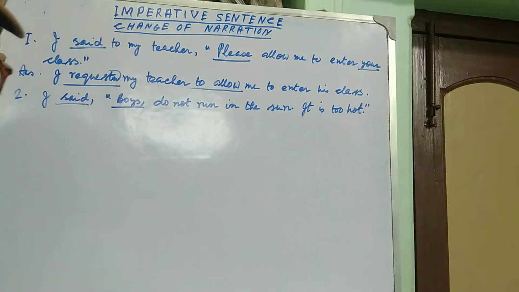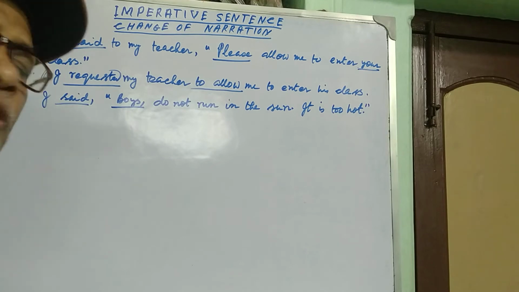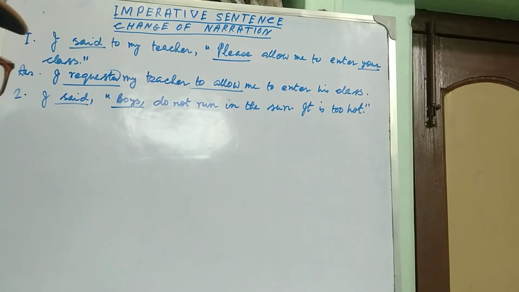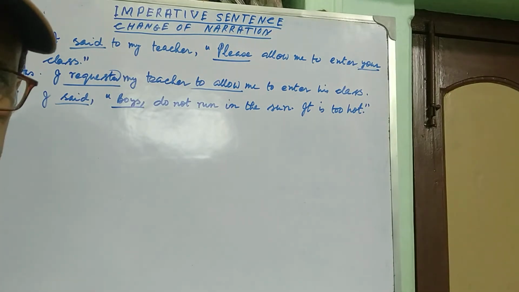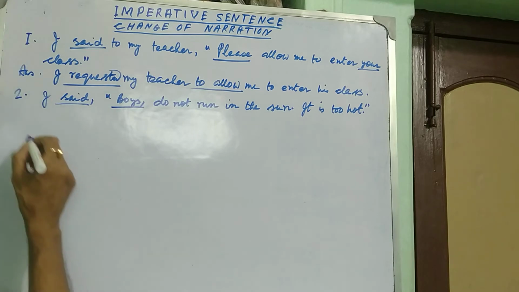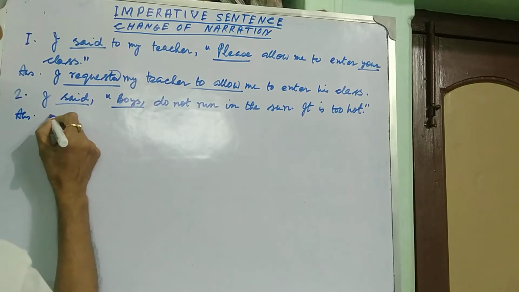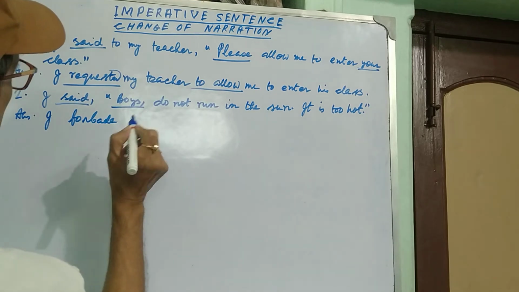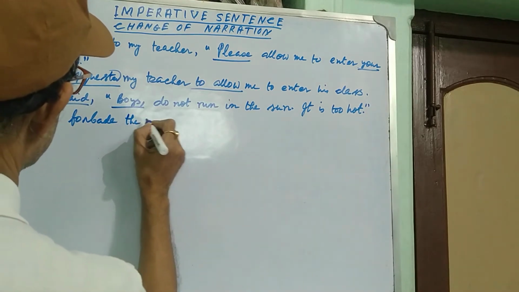When there is "not", you are at liberty to use forbid. Forbid, forbade, forbidding. So, answer: I forbade the boys.